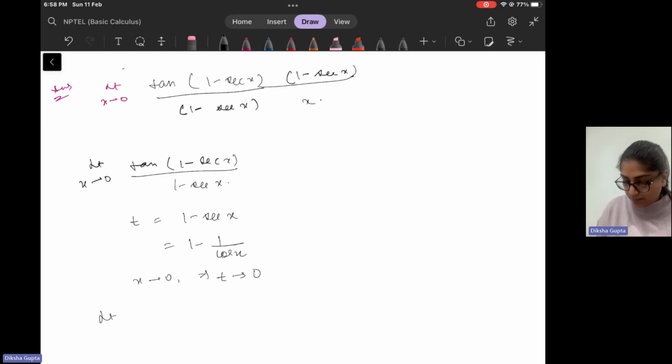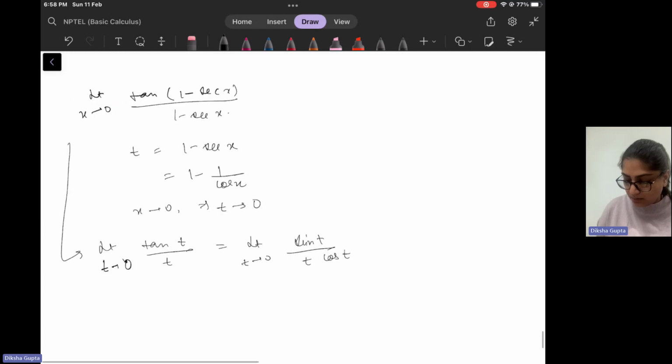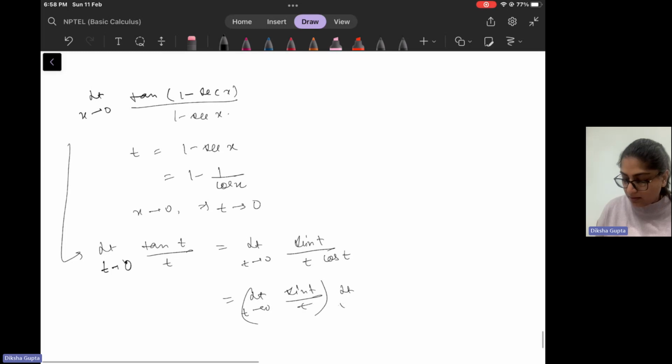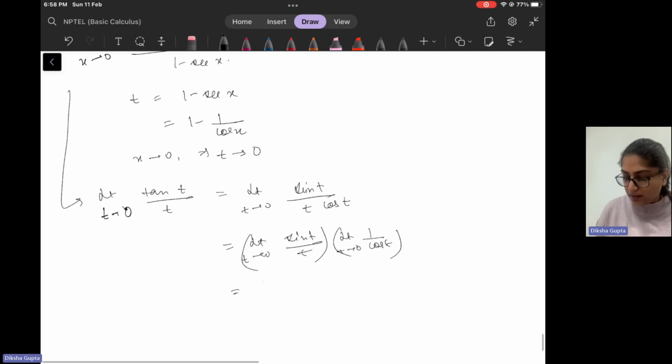So this limit is limit t tends to 0, tan t upon t. So this is limit t tending to 0, sin t upon t into cos t. Now you can separate this: limit t tending to 0, sin t upon t, and limit t tending to 0, 1 upon cos t. So this is 1 into 1, so this is 1.